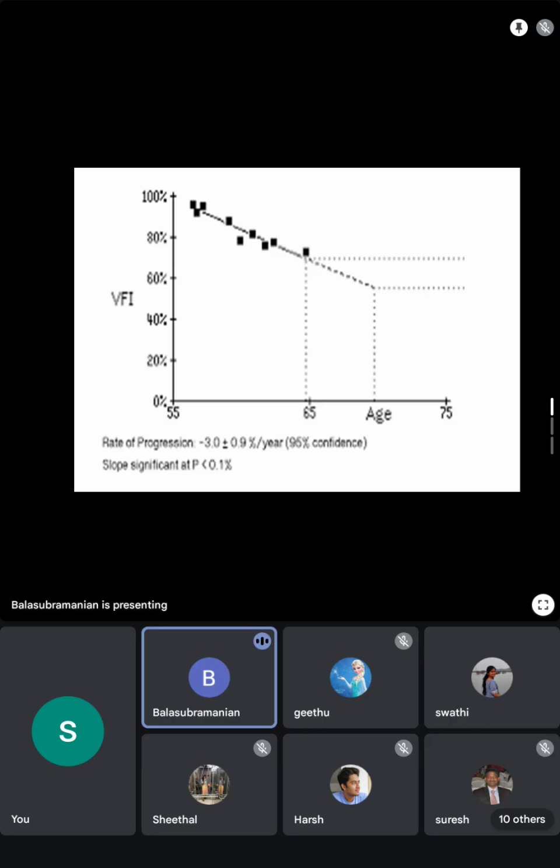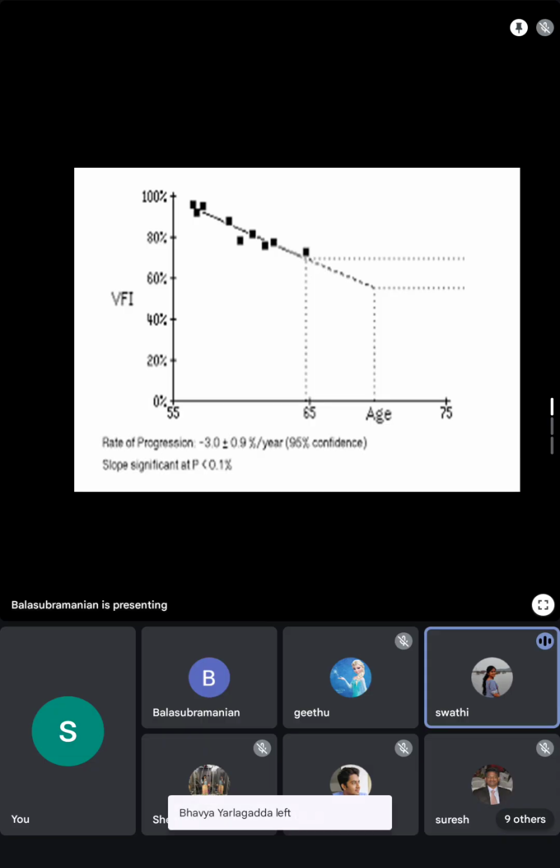What is this slope doing? It gives the rate of progression, the worsening of disease over the years.